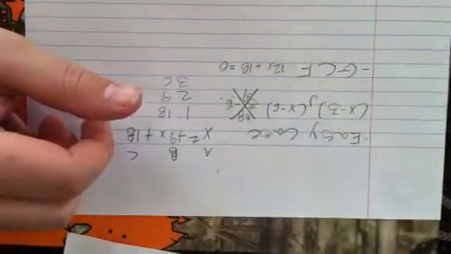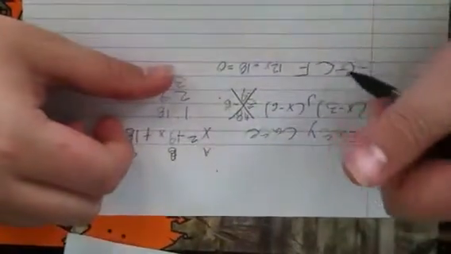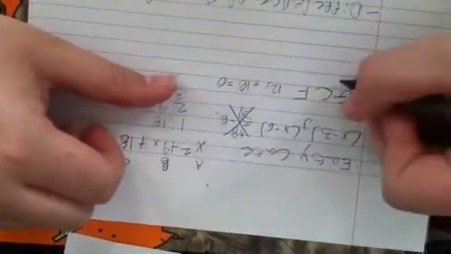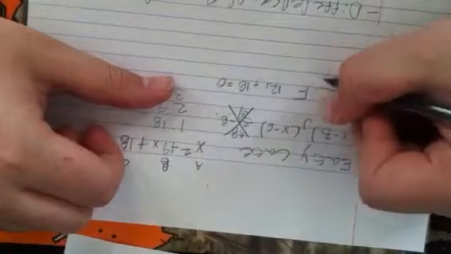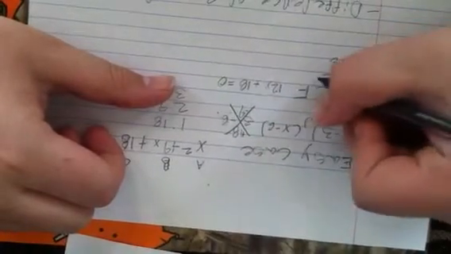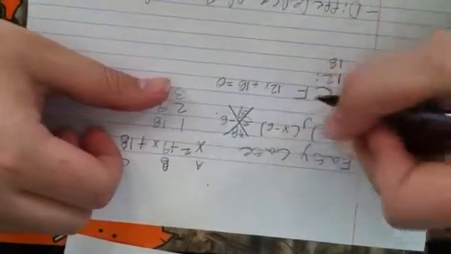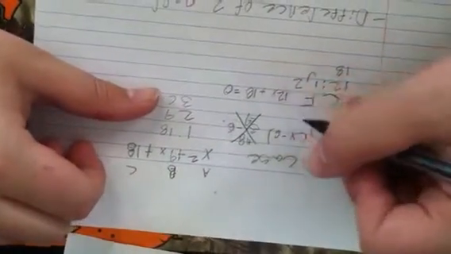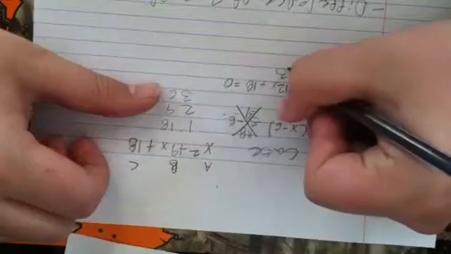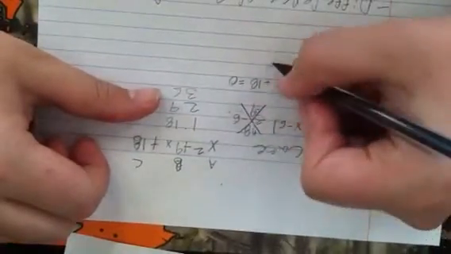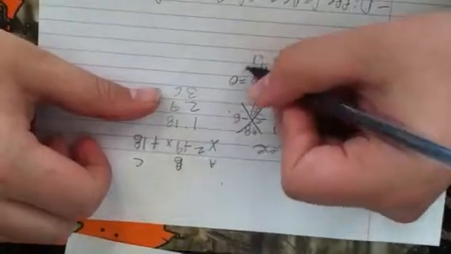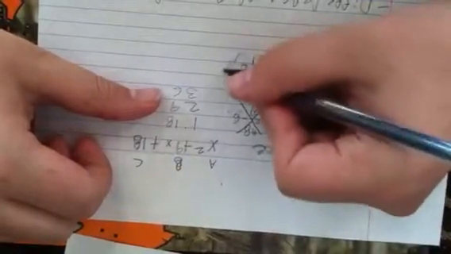The GCF, which stands for greatest common factor. We've got 12 and 18. What are some factors of those? For 12, we've got 1, 2, 3, 4, 6, and 12.